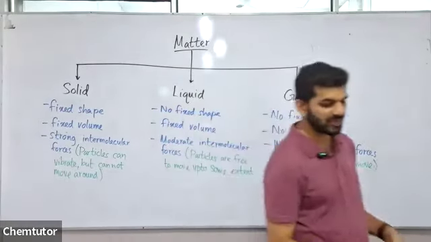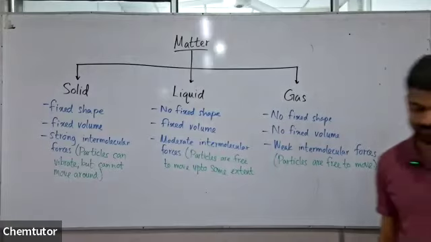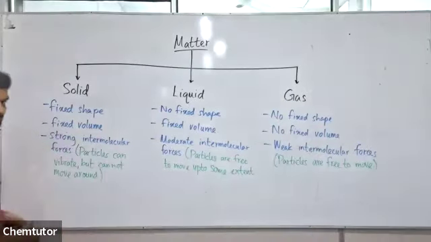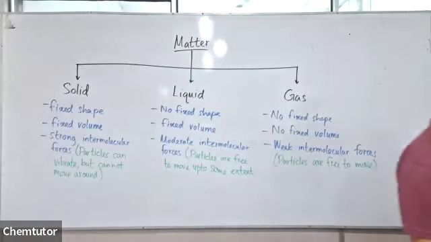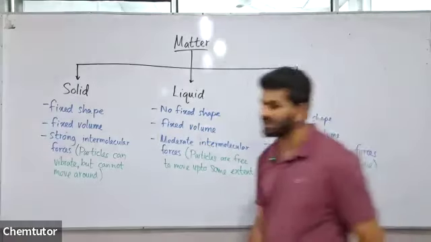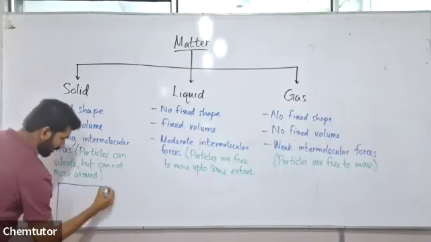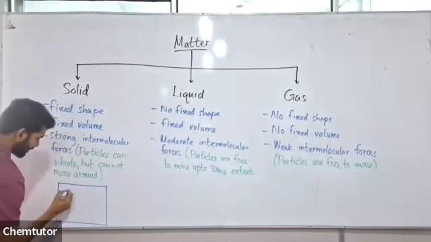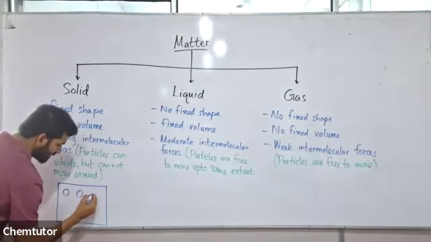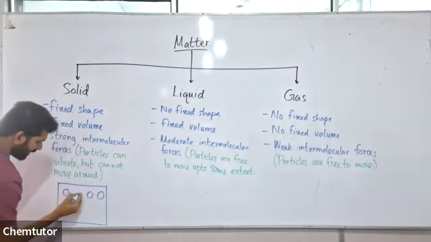Now, based on those properties, we can give the molecular diagrams of those particles for solids, liquids, and gases. For solids, if we consider a solid sample like this, it has particles which are arranged close to each other in a regular arrangement.